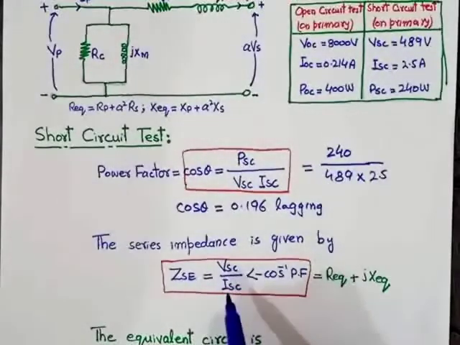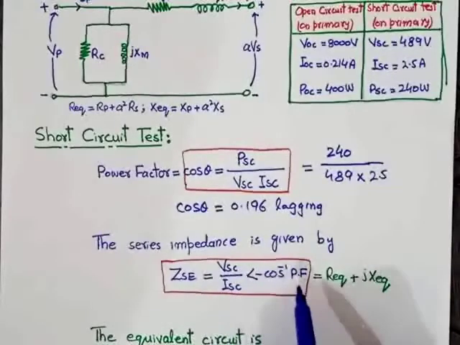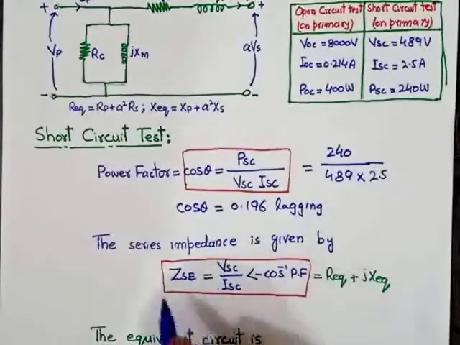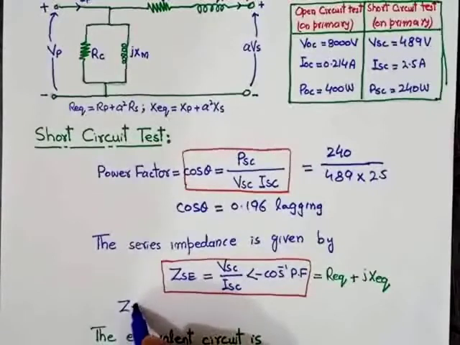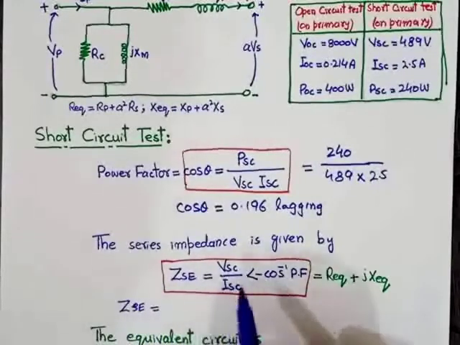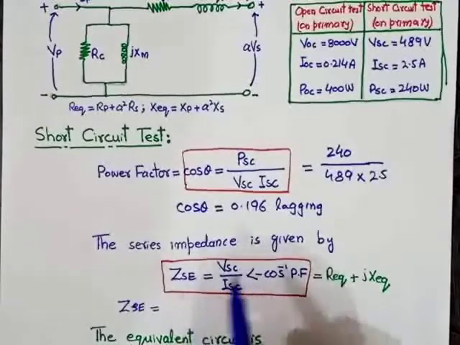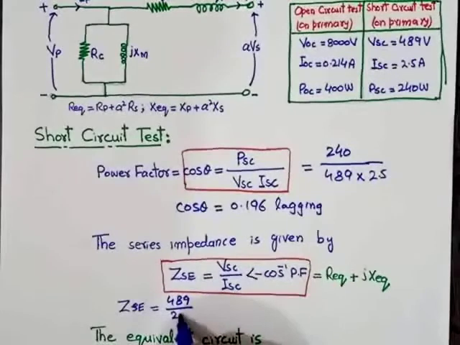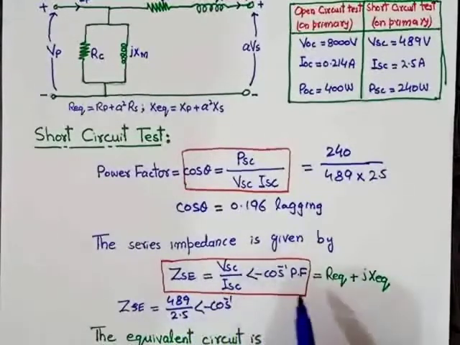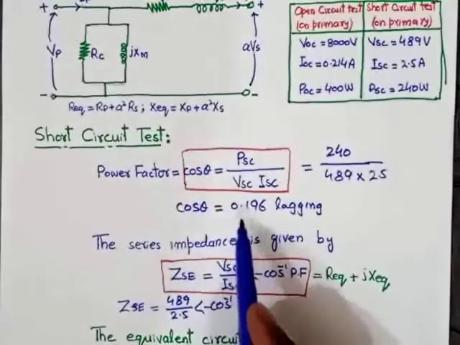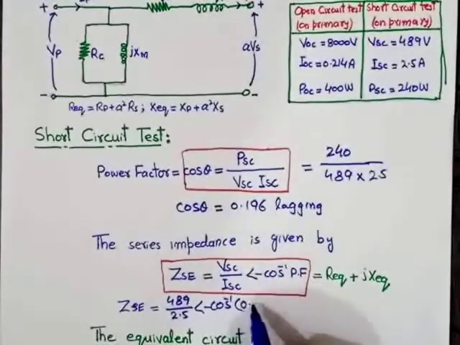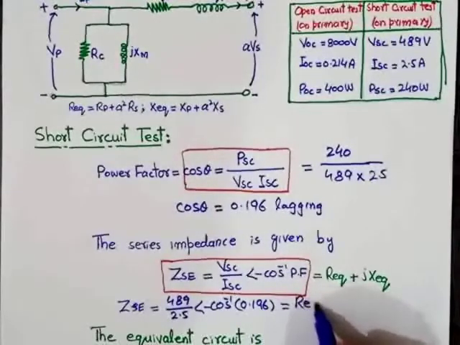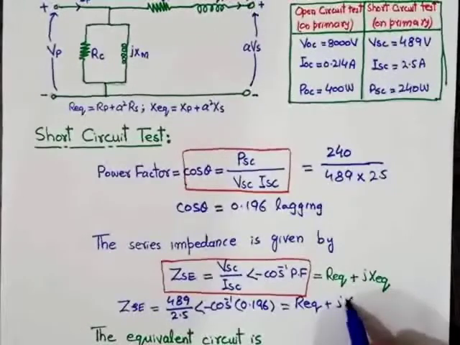Putting the values of V, I and cos inverse power factor in this equation, we get Z short circuit is equal to, the value of V is 489 and the value of I is 2.5 ampere, angle of minus cos inverse. The value of the power factor is 0.196, is equal to R equivalent plus j X equivalent.